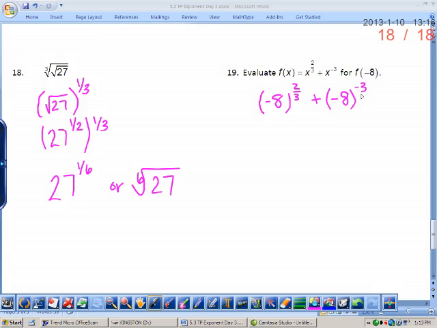Use the cube root of negative 8, squared. And what is the cube root of negative 8? Negative 2, squared. Everyone okay with that?